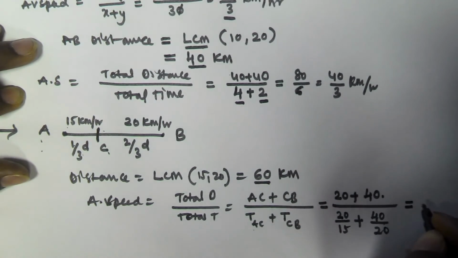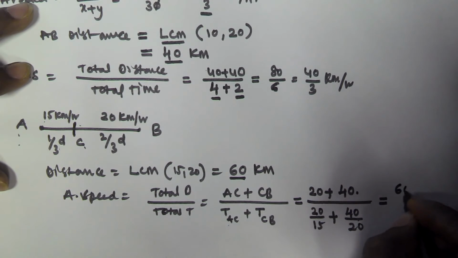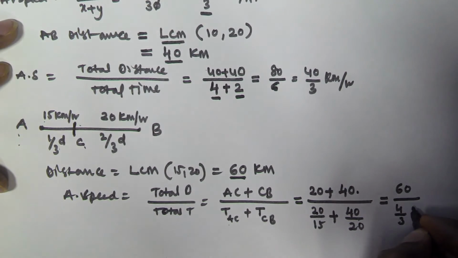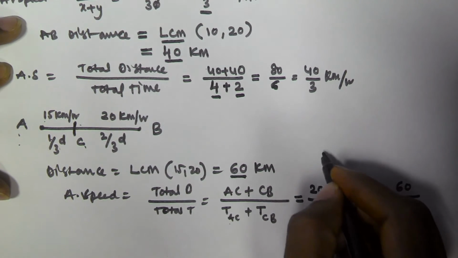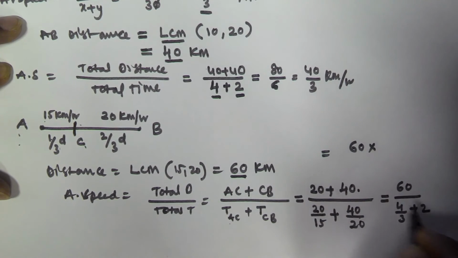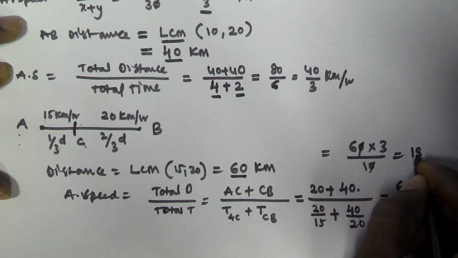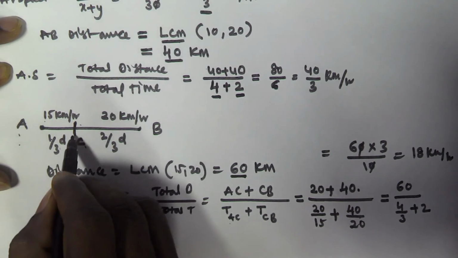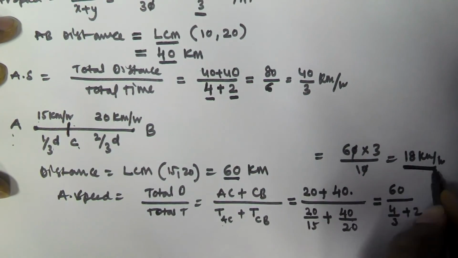Solving this, we get the average speed from A to B. This is going to be 60 by, 20 by 15 is 4 by 3, plus 2, which is 10 by 3. So it is 60 into 3 by 10. This cancels, so it is 18 kilometers per hour. If he is traveling at 15 kilometers per hour from A to C and at 20 kilometers per hour from C to B, then the overall average speed is 18 kilometers per hour.